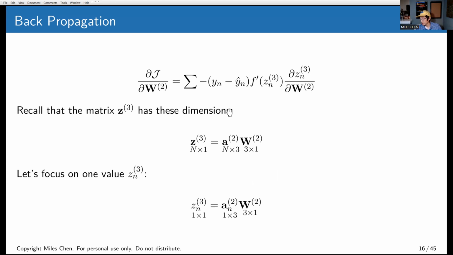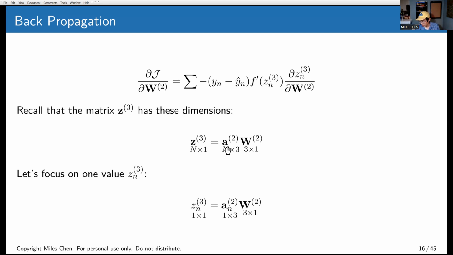If we go back to the forward propagation, what is Z? Zn3 is just one value inside the Z matrix. The Z matrix is n by 1, right? We have one value for each of our n observations.